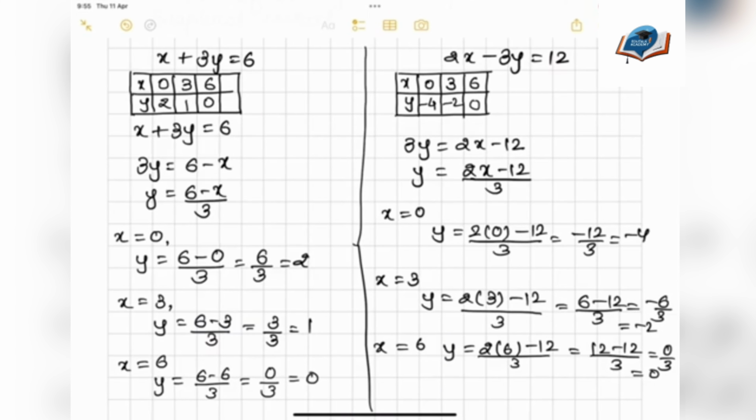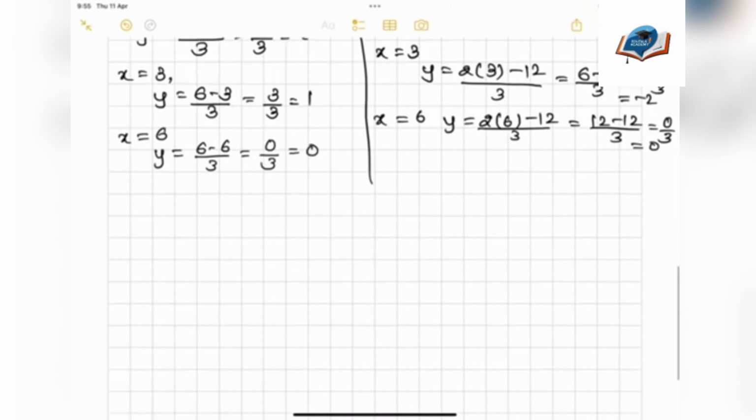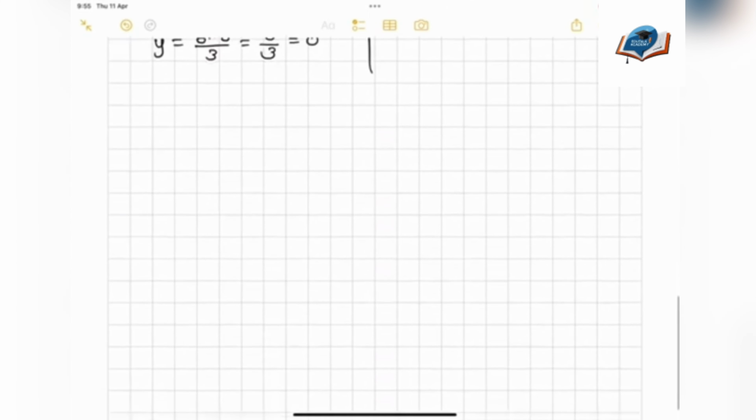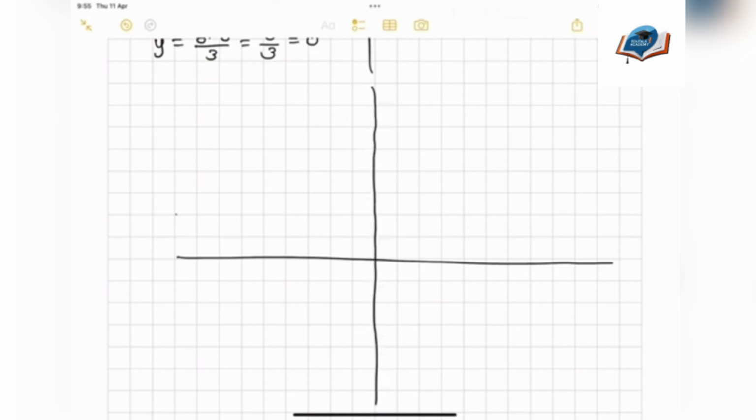So that will be 12 minus 12 upon 3, that is 0 upon 3, which is 0. So for 6 I got 0. Now let us plot this in the graph in the Cartesian plane and check the solution.